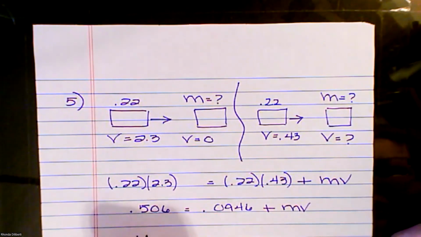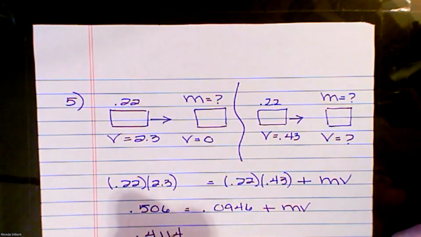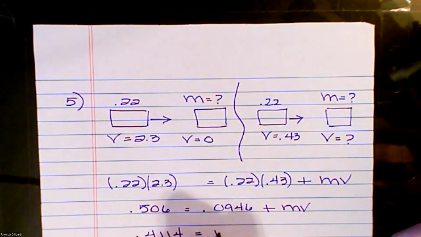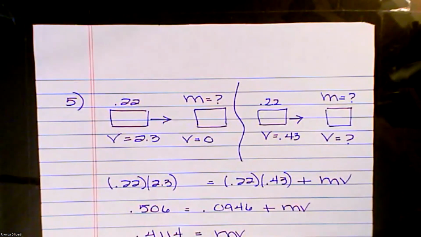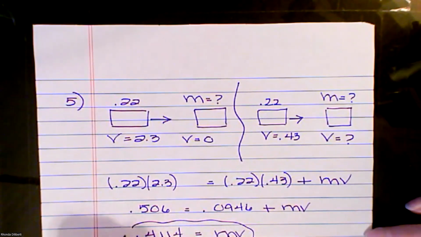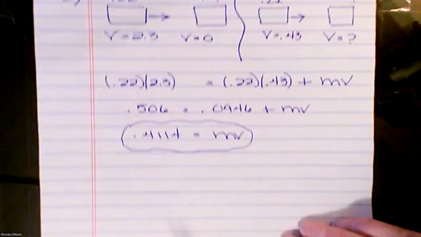So that gives me 0.4114 equals mv. That's what I mean by a math fact. I don't have an answer, but I do have this mathematical statement that could help me. So we're just going to store that.